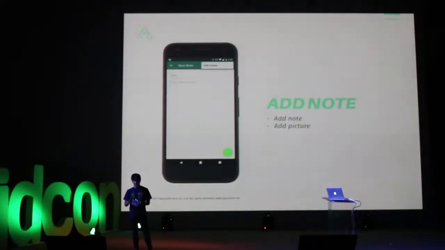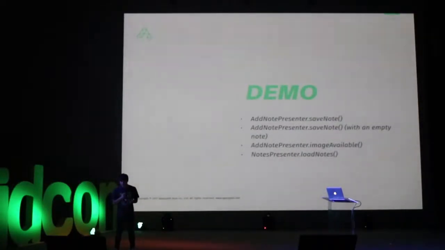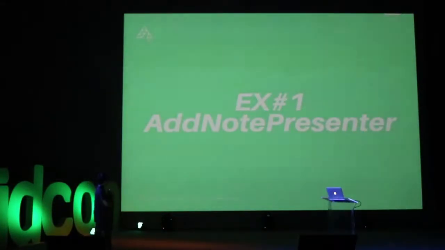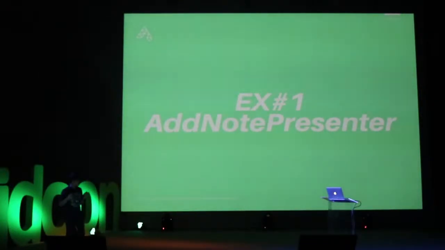Basically, each of the screens would have a view and a presenter, right? Now, for example, I'm going to be testing the presenter. So I'm going to do 4 test cases. Okay. And our first one is going to be an add note presenter.